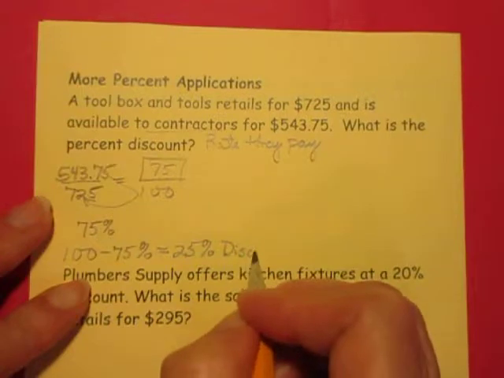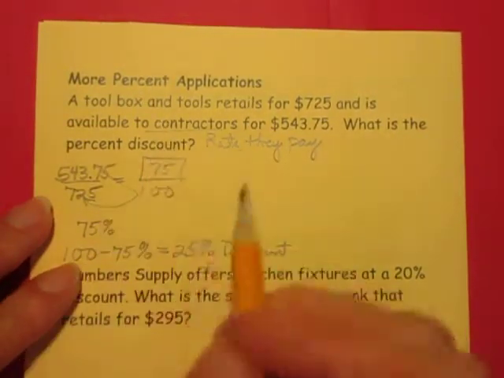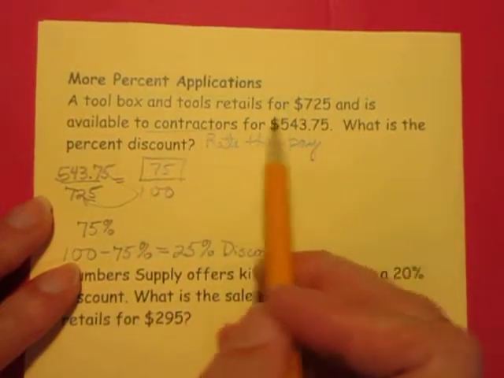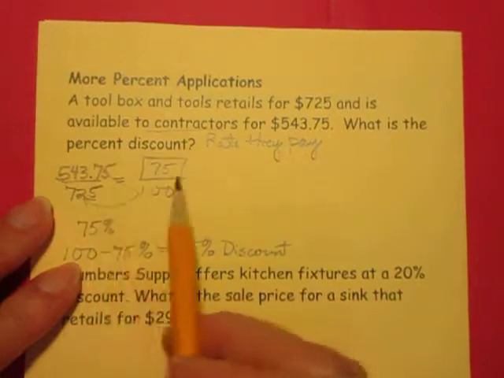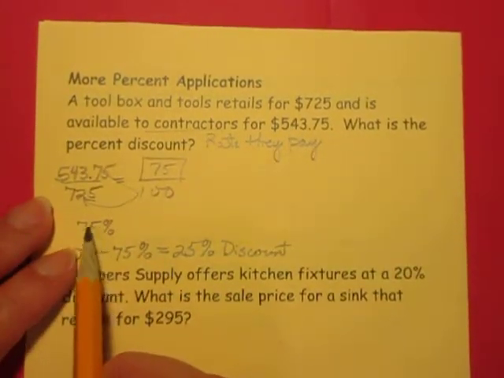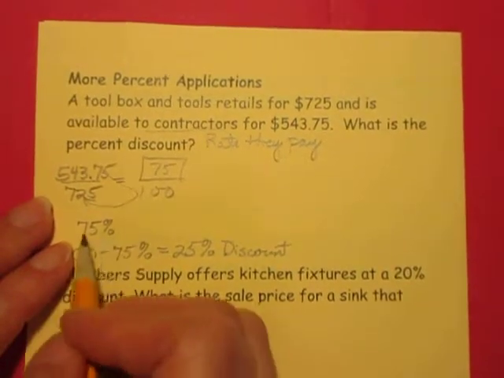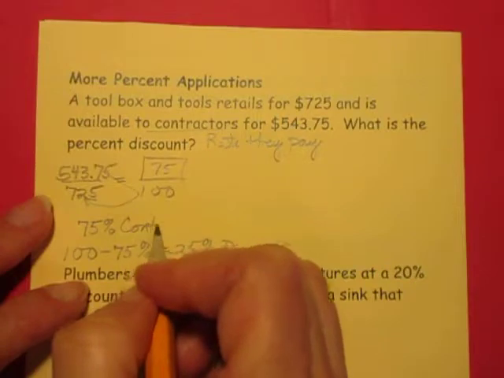Now again, what I'm saying here is probably a little confusing. If you recognize that when they're reading this, they don't have to pay 100%. What we actually calculated is they pay $543. We found out that they pay 75%. That's the amount that they are responsible for. So this is the contractor rate.